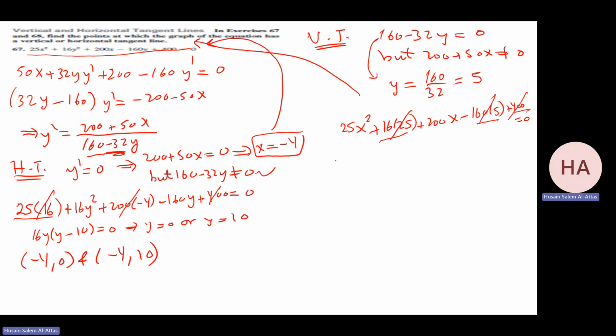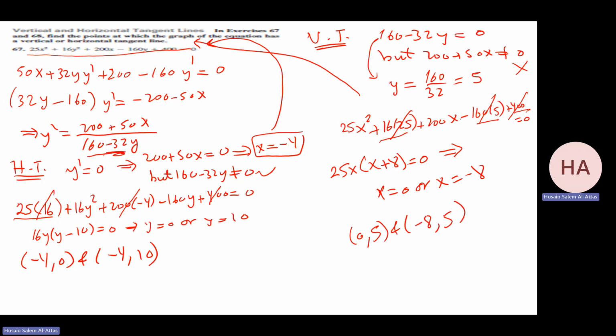I can take 25x as a common factor, and then I have x plus 8 equals 0. So I have x equals 0 or x equals minus 8. And in both cases, the numerator is not zero. So I have the points (0, 5) and (minus 8, 5).